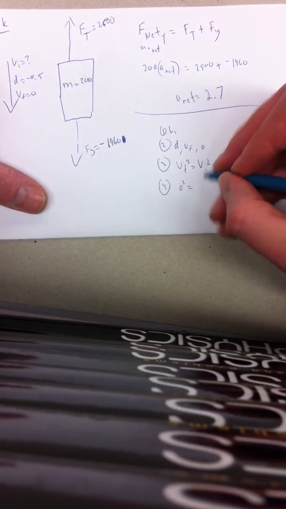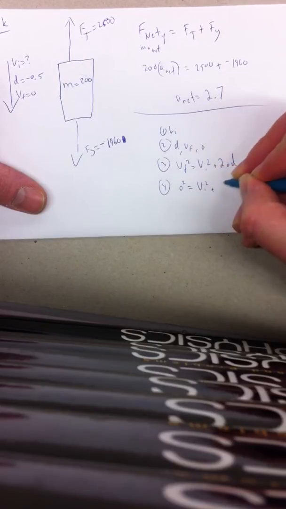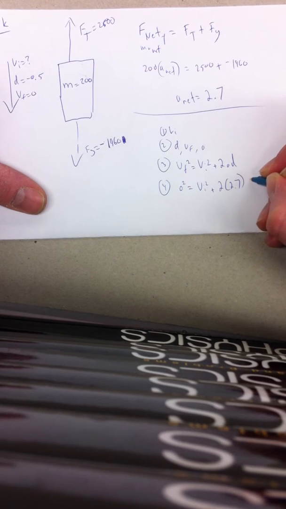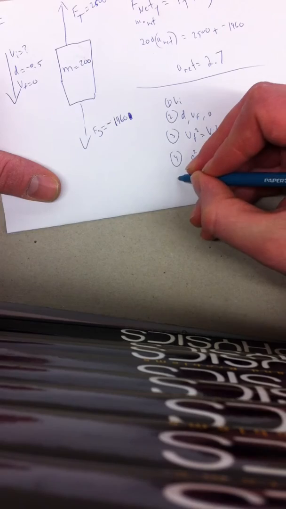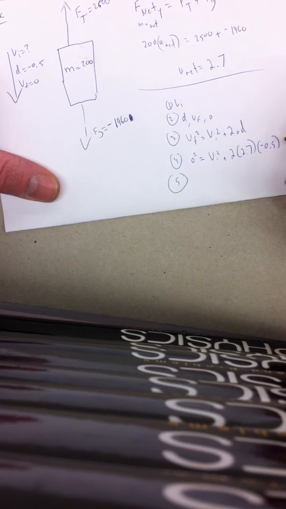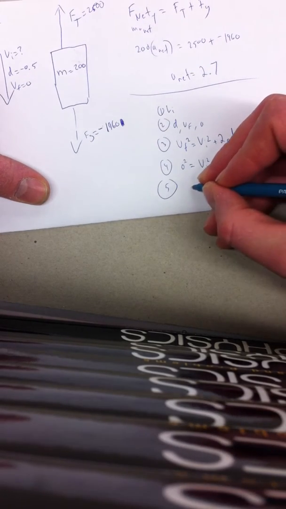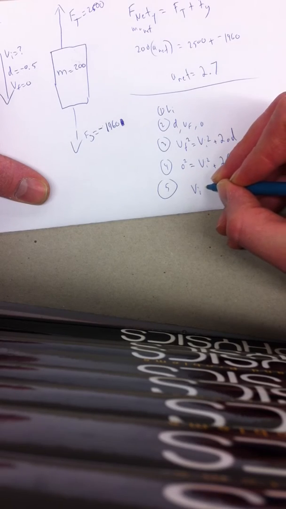VI is equal to, that's what we're solving for. A is equal to 2.7, and distance is equal to negative 0.5. All right, so what is VI equal to?